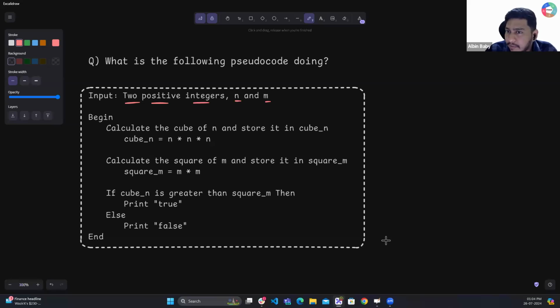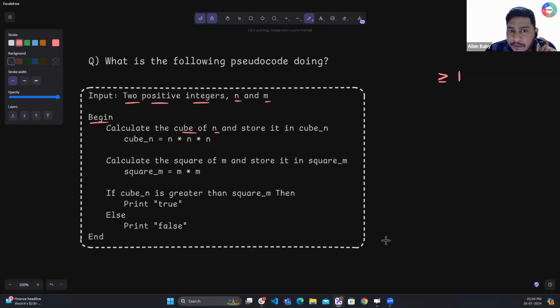They are not negative. What is the difference between positive integers and non-negative integers? Positive integers start from 1, exactly. So n and m will always be greater than or equal to 1. All right. So begin.